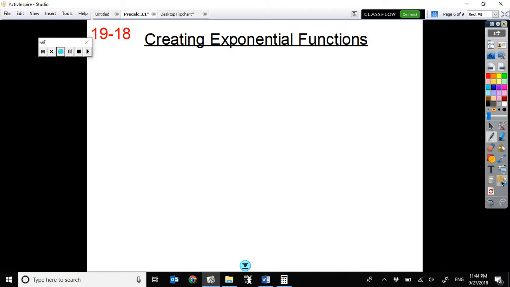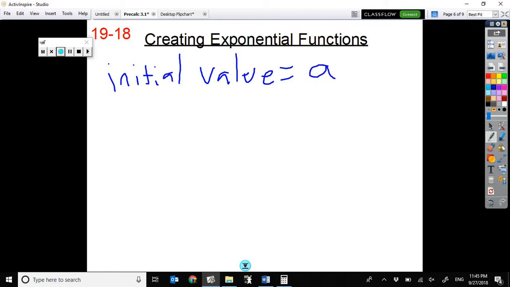Alright, so to move on to this next section, they give you an initial value, I'm going to call my initial value my A, and then they give me a rate.